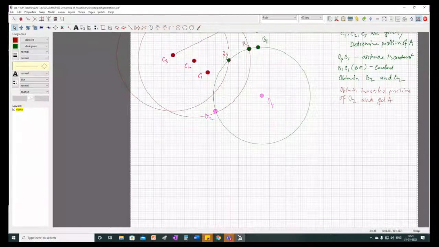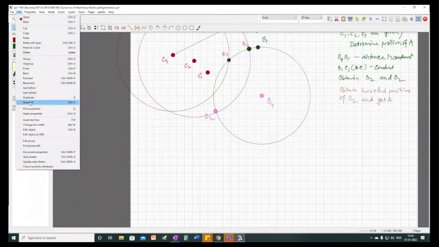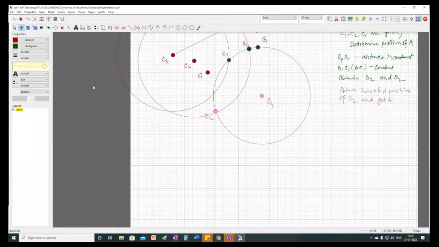As we did earlier also, we have to copy all the things and place them at some new figure, then there we will do all the steps. Okay, so I am copying it and then we will move them to a new place. Let's say here.